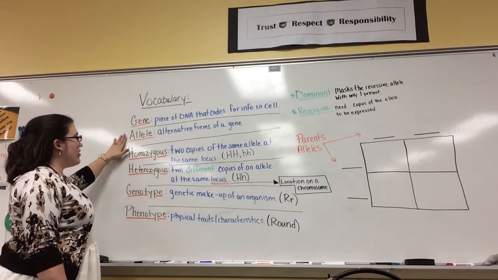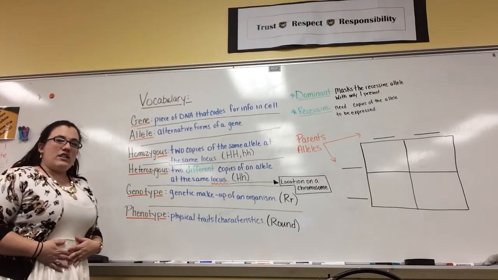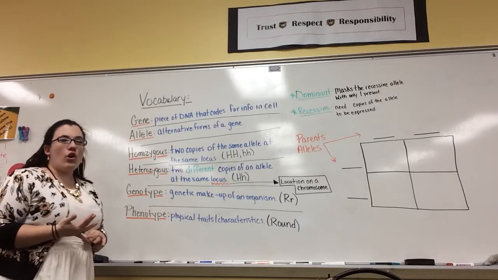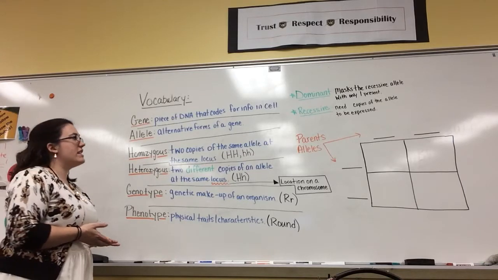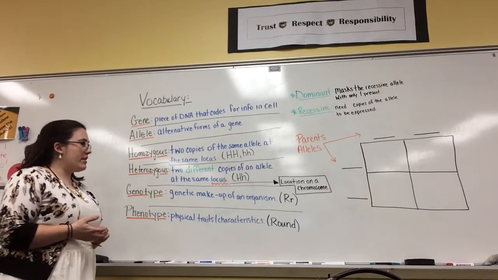So then we have an allele, which is an alternative form of a gene. So I know you've had background in this, so whether that would be tall versus short, round versus wrinkled in pea plants, for instance, things like that. Now, with those alleles, you have different combinations.